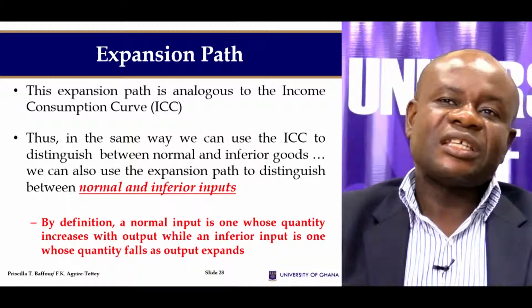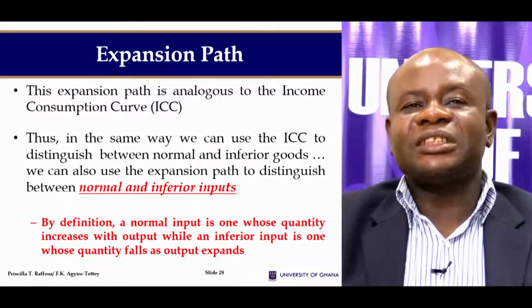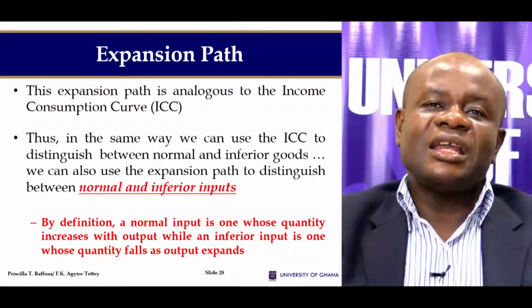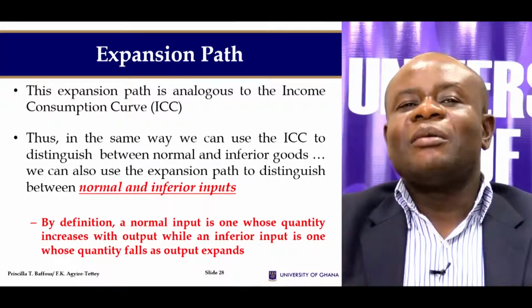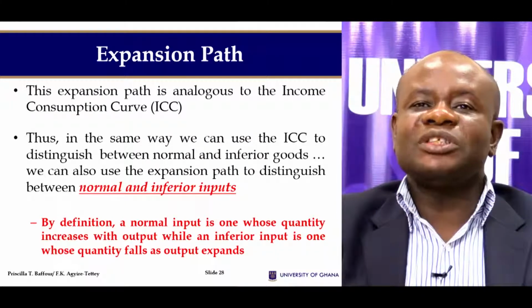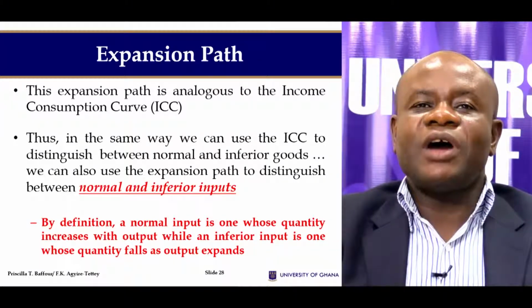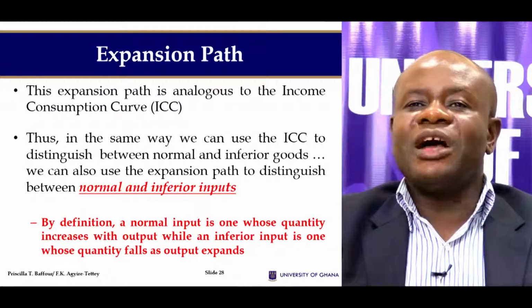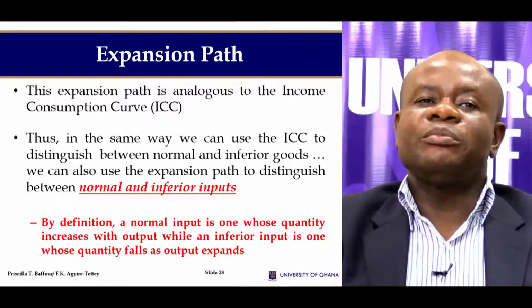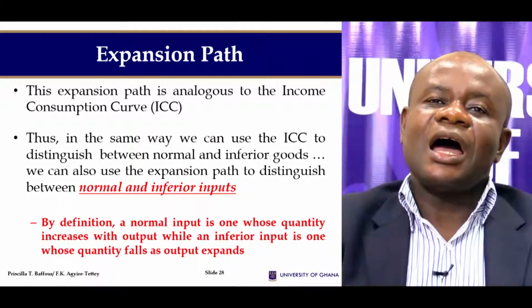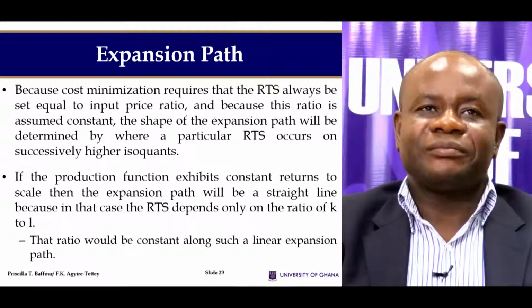Here also, the expansion path can help us distinguish between a normal and an inferior input. By definition, a normal input is one whose quantity increases with the expansion of output, while an inferior input is one whose quantity falls as output increases.